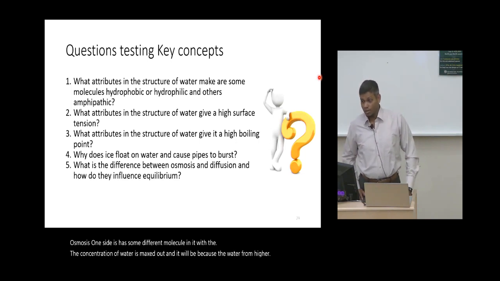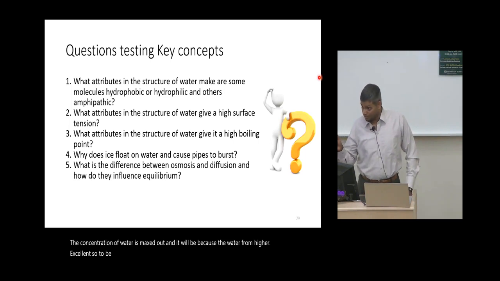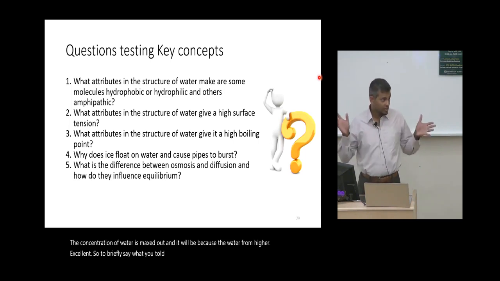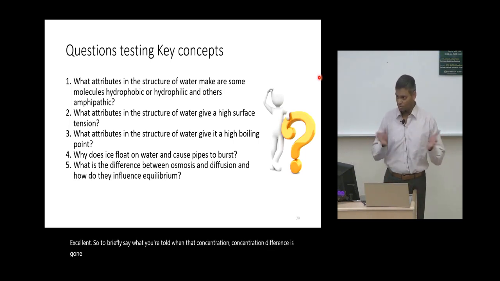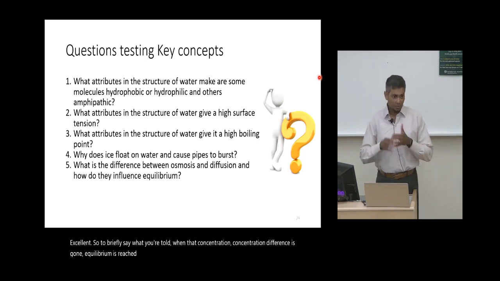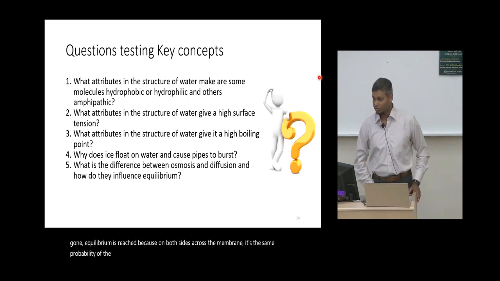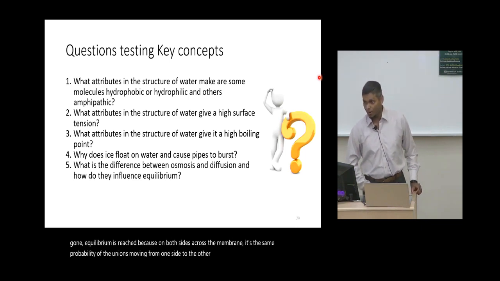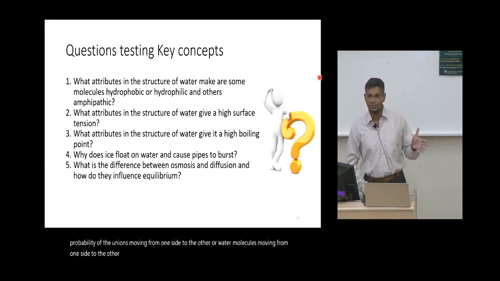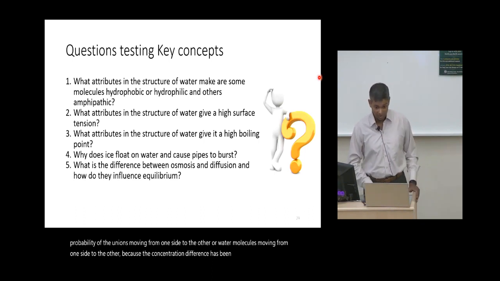Excellent. So, to briefly say what you told, when that concentration difference is gone, equilibrium is reached, because on both sides across the membrane, there's the same probability of the ions moving from one side to the other, or water molecules moving from one side to the other, right? Because the concentration difference has been gotten rid of.